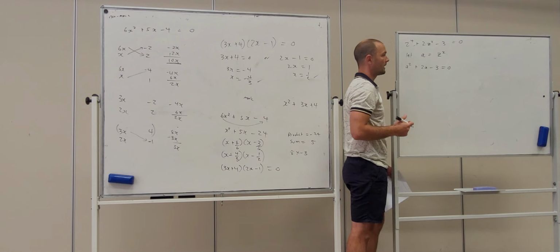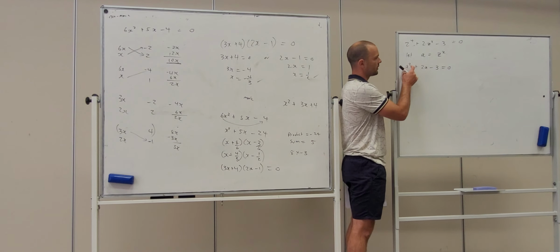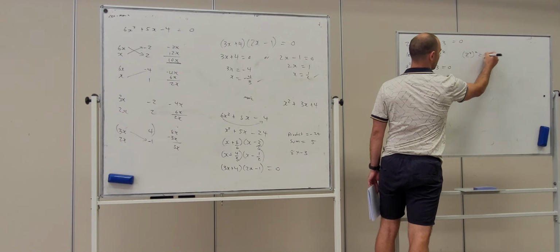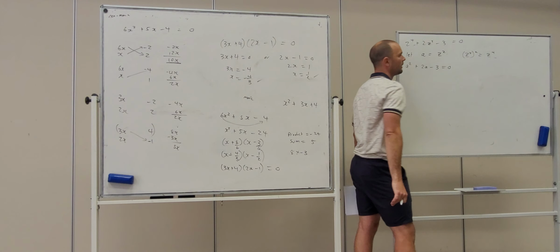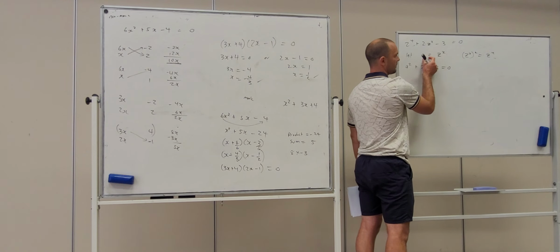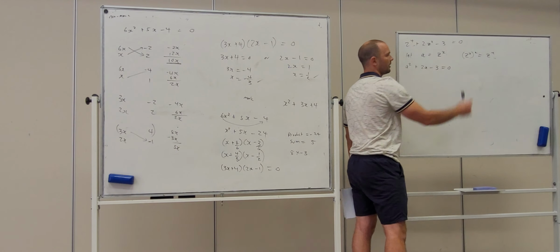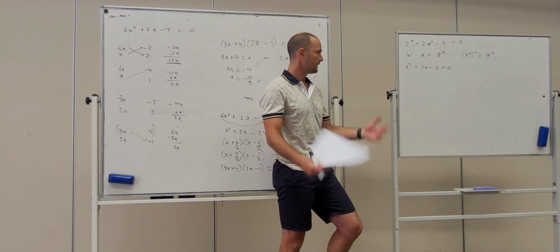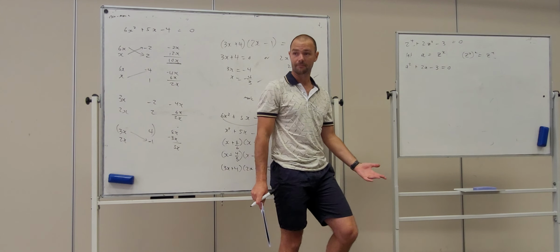Okay, and now it's a quadratic, right? If a is z squared, then z squared squared is z to the 4, and a is z squared, so I'm putting the a in there, and we have a squared. So I'm just writing this expression in terms of a, and now we can factorise it.